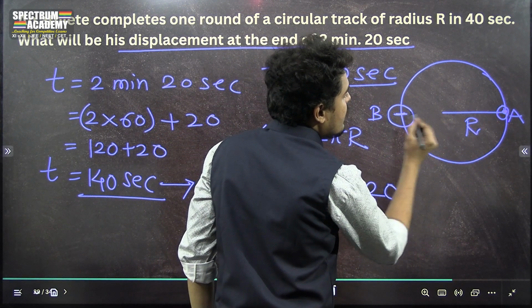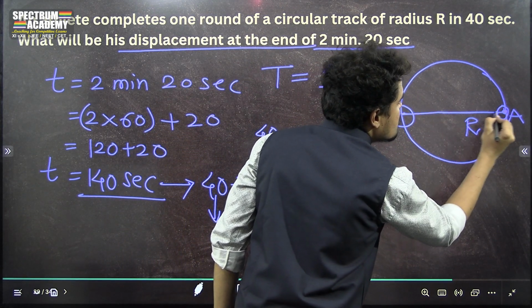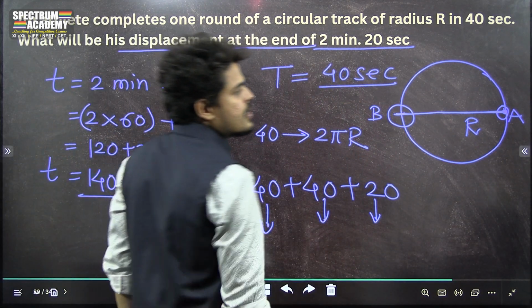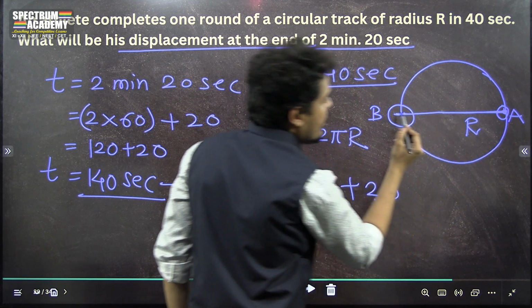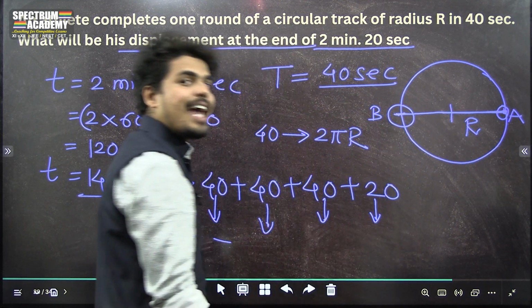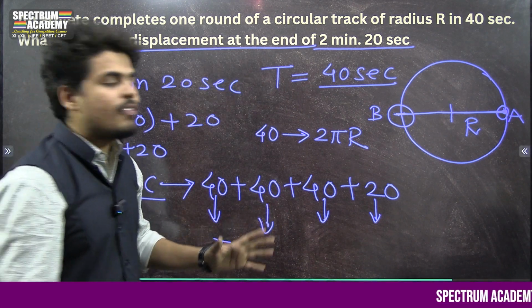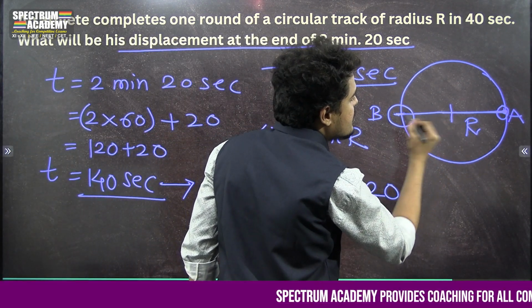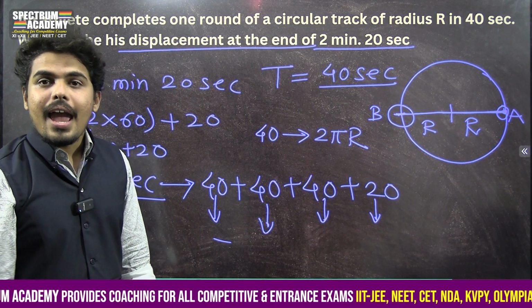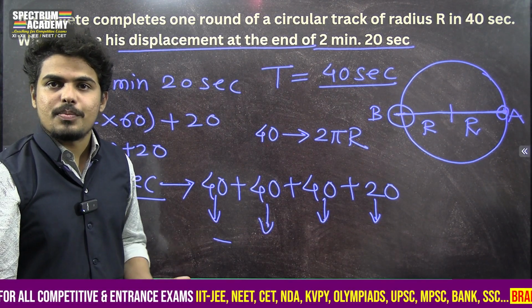What is the shortest distance? Just the straight line joining the two points is the shortest distance. So point A is here, point B is here. Shortest distance means a straight line. So this becomes the diameter of the circular track. If the radius is r, then this distance is also r. So the total diameter is 2r, and that is the displacement.